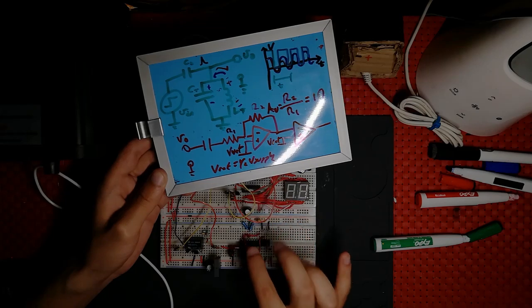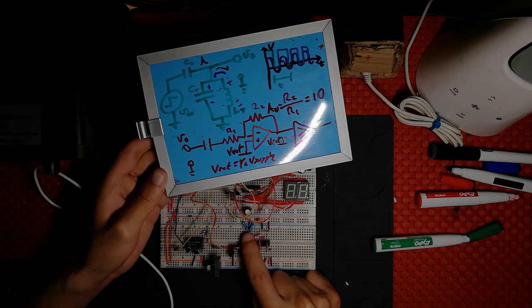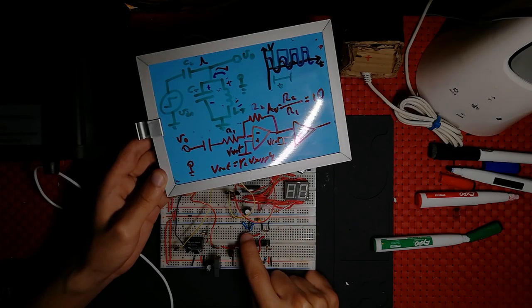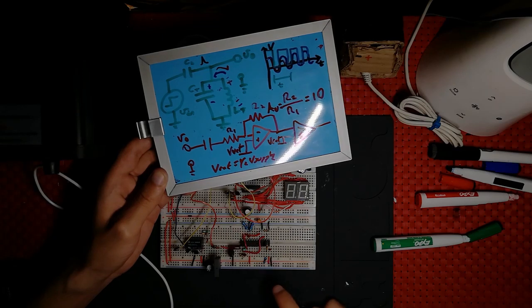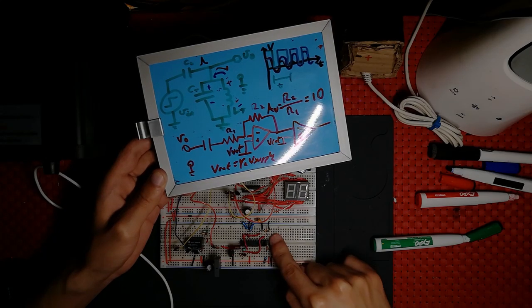The part over here is the voltage reference supply, and these are the two resistors used to generate the half supply, and it's going to the first op-amp and to the comparator.